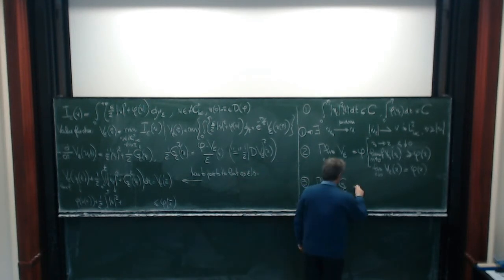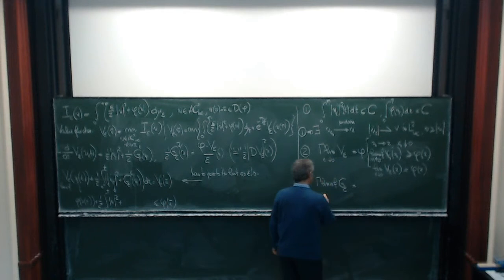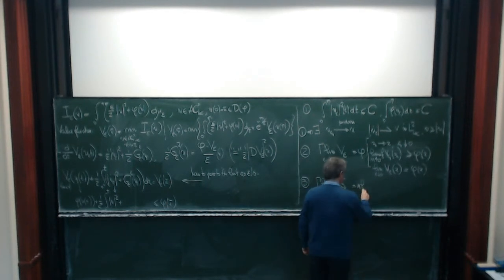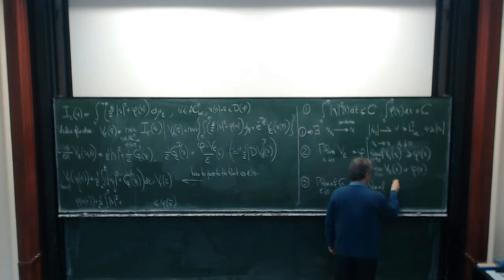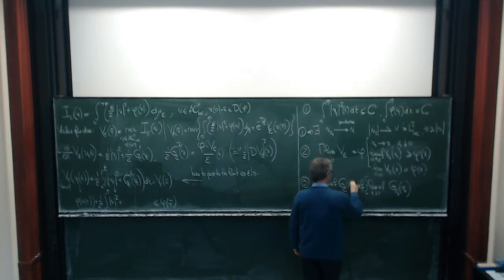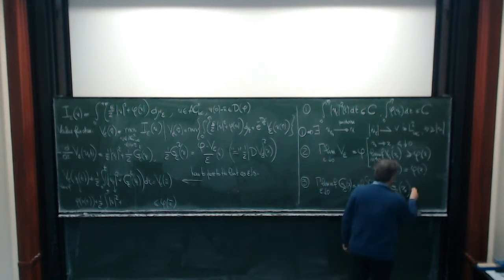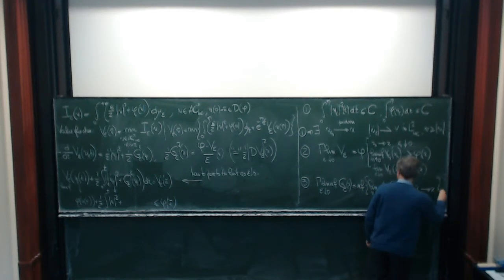I will define it as the infimum of all the possible liminf, as n goes to infinity, of g epsilon n on xn, among all the possible sequences converging to x.